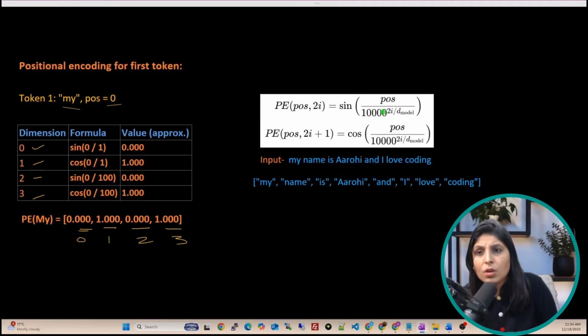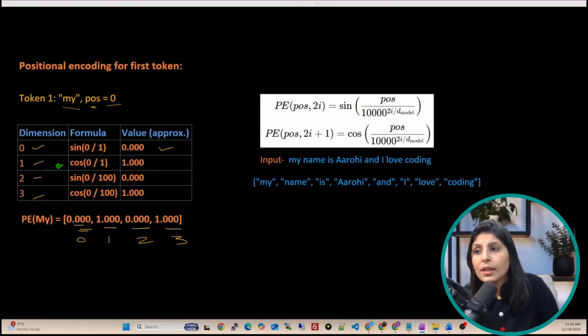And the formula, if you apply this formula, the position of my token is 0, so over here we have 0, and then divided by 1, you'll solve it, you'll get 1. Okay, and the value you get is this. So this is the first value of your positional encoding vector which you get for my token.